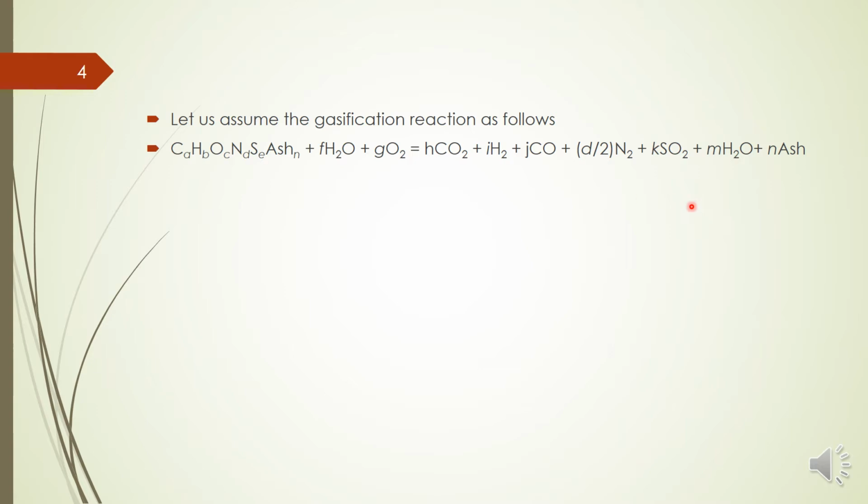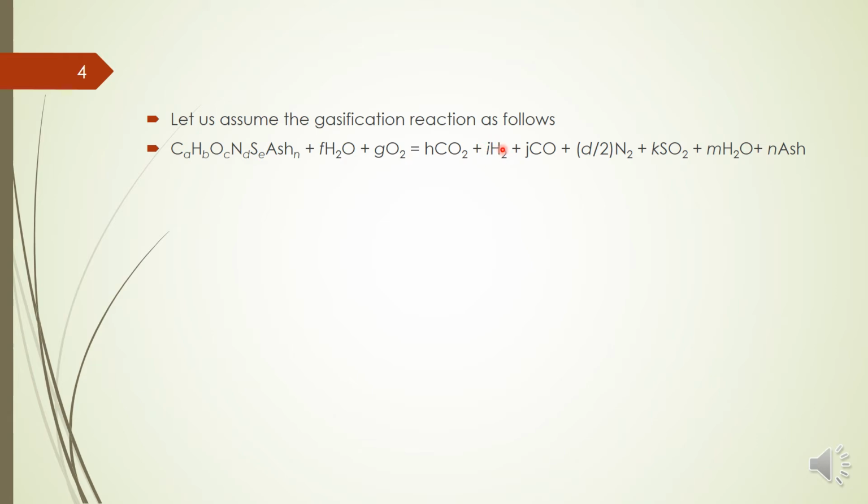So this is the equation and different coefficients: A, B, C, D, E, F, G, H, I, J, K, L, M, etc. So we can use any letters for this, doesn't matter, but we have to find out those unknown moles. So remember, on the product side, in gasification you will have carbon monoxide also, but in combustion this was not there, only carbon dioxide is there.